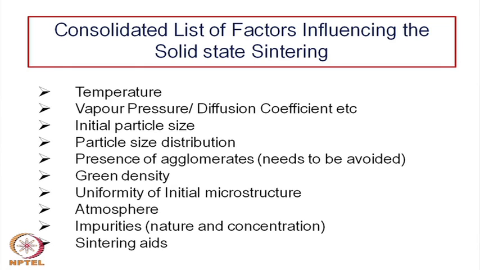Just like there is a temperature term, a vapor pressure and diffusion coefficient term, there is also invariably the initial particle size term, the r term is always there, and it is inversely related to the rate of progress of the sintering process, or the x by r, that is the neck area growth is related to the initial particle size, and generally the finer the particle, the greater the rate, or the faster the process.